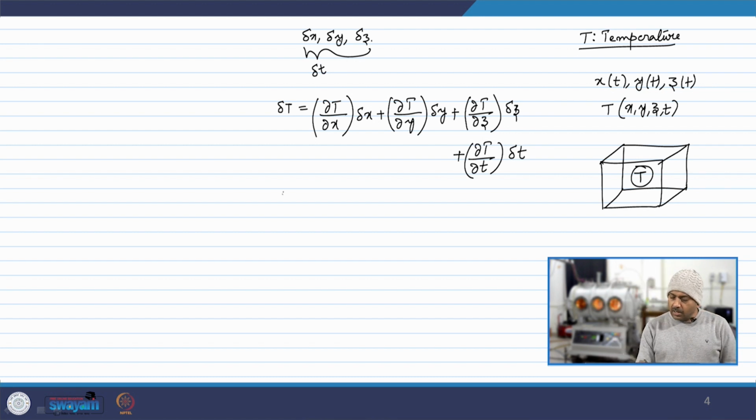Let us say we divide this whole quantity by delta t.